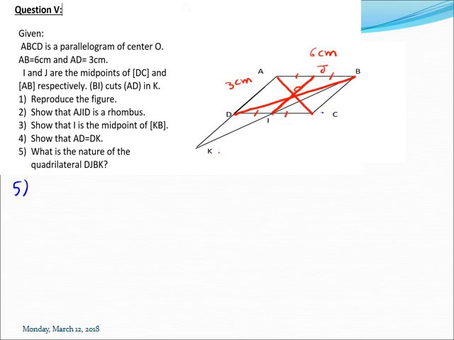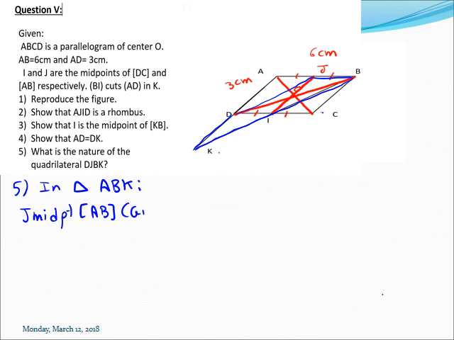Number 5. What is the nature of quadrilateral DJBK? In triangle ABK, J is the midpoint of AB, given. D is the midpoint of AK, proved.